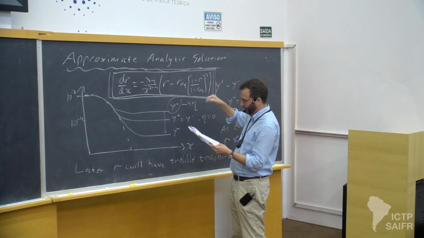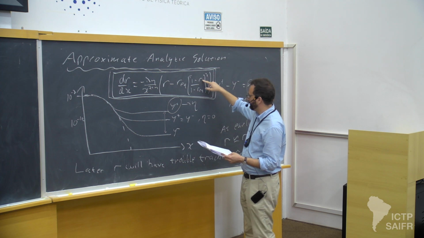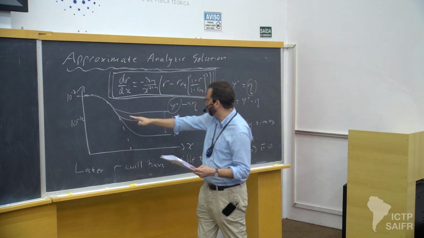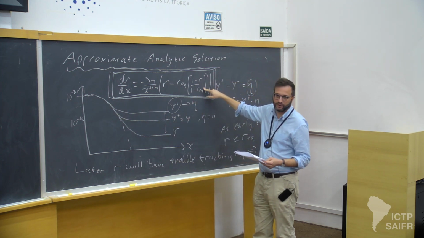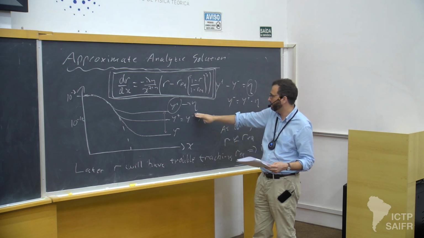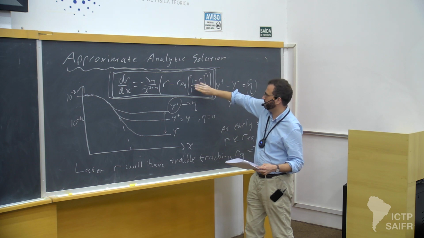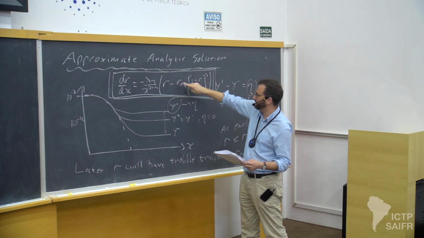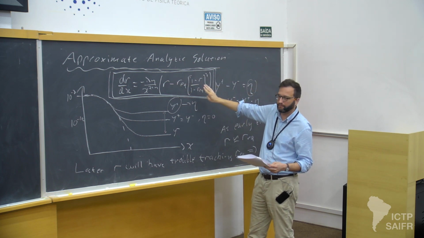Now imagine that we're in the tail here, so r and r equilibrium are suppressed, much smaller than 1. So this factor isn't important here. So we just have r minus r equilibrium.